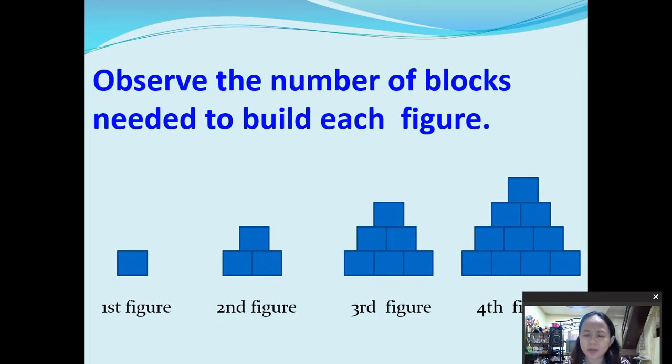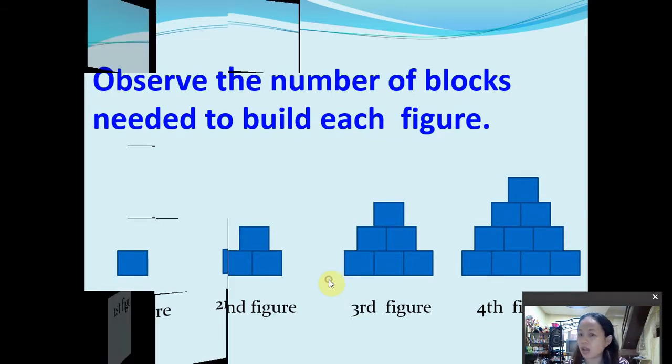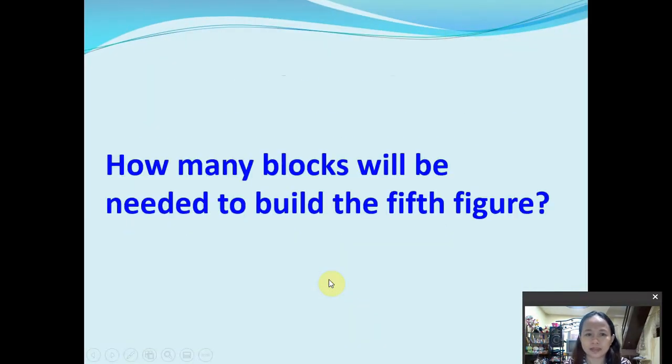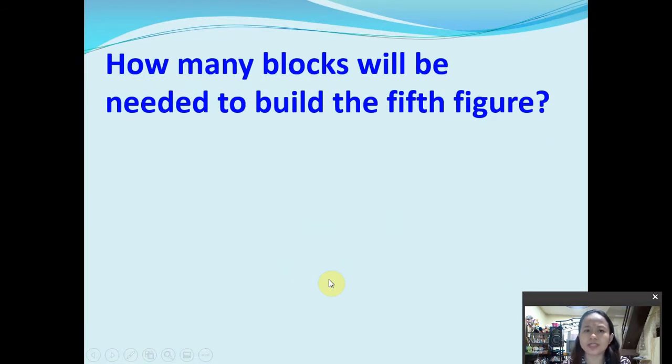Okay. How about if we will get the number of blocks for the fifth figure? What number to be added to 10 to get the number of blocks for the fifth figure? Let's try to find out. How many blocks will be needed to build the fifth figure? If you still remember, for the first figure, we have 1 block.